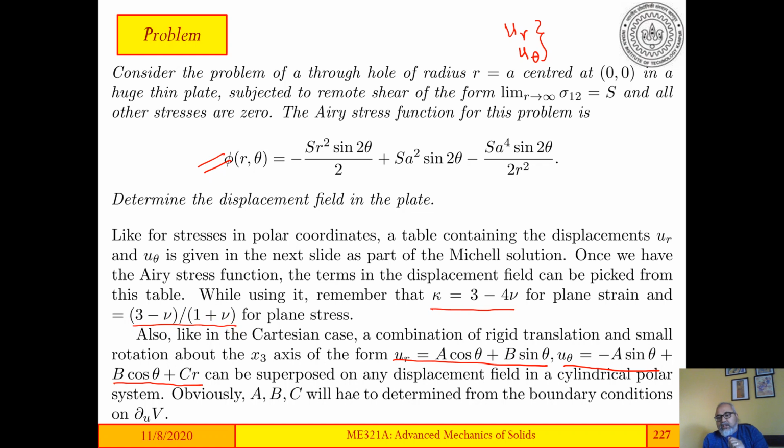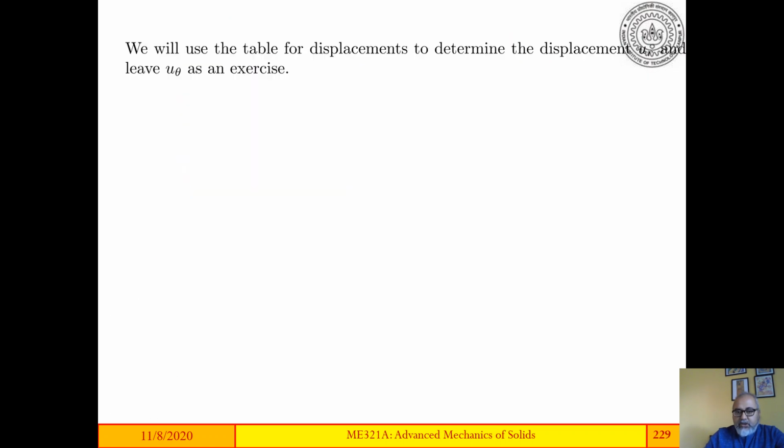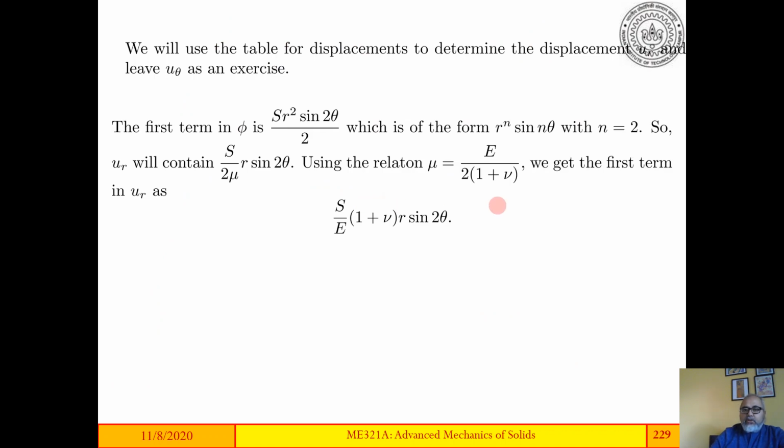So this is all that we have to remember, and then we have to take these terms one by one and see where they appear in the Mitchell table. For example, let's take the first one, r squared sine 2 theta.